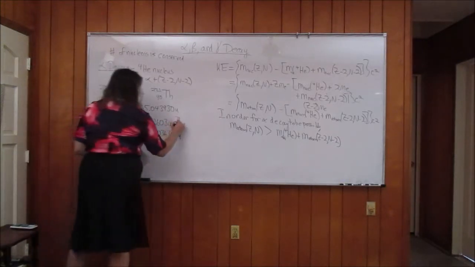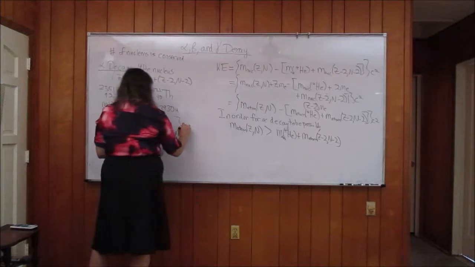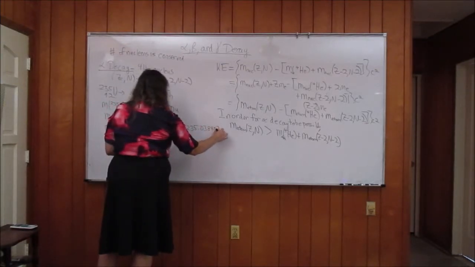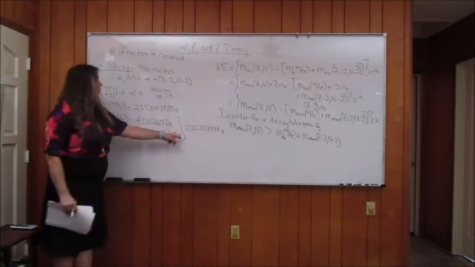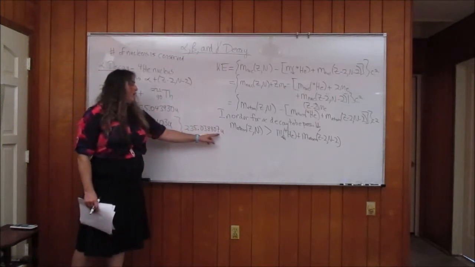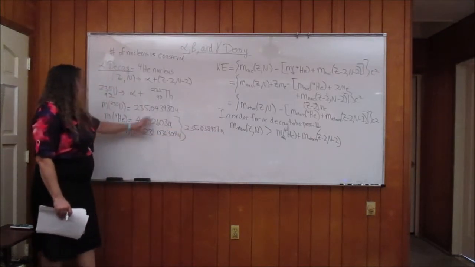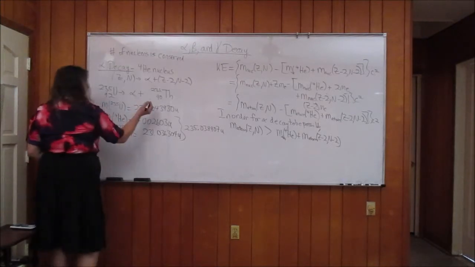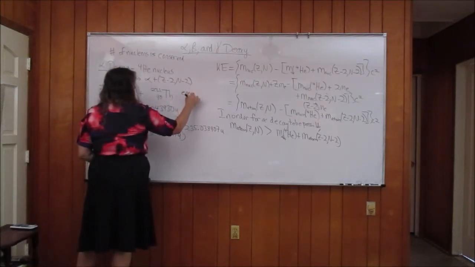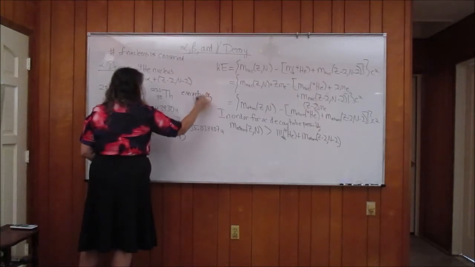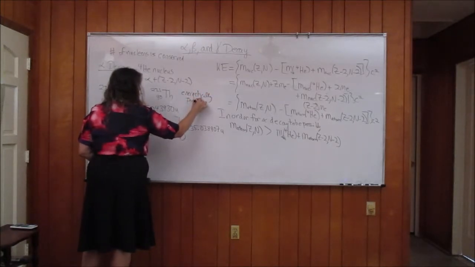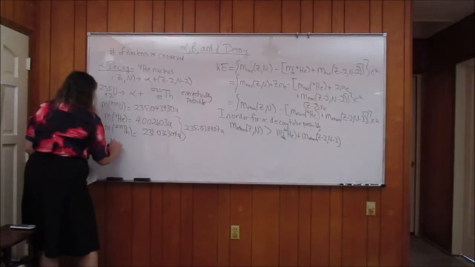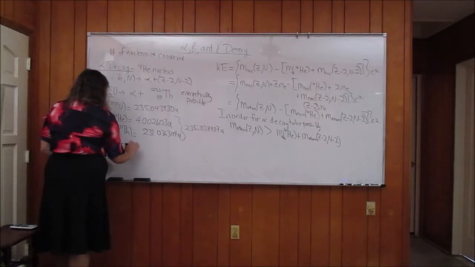So these two together have total mass 235.038904 atomic mass units. So this sum is less than this one. So this process is energetically possible. We've confirmed that. And I'm going to calculate how much kinetic energy is released.